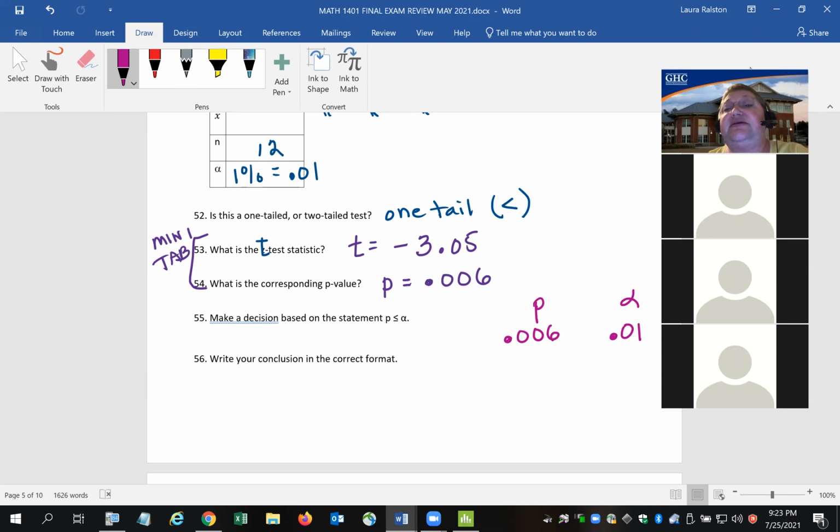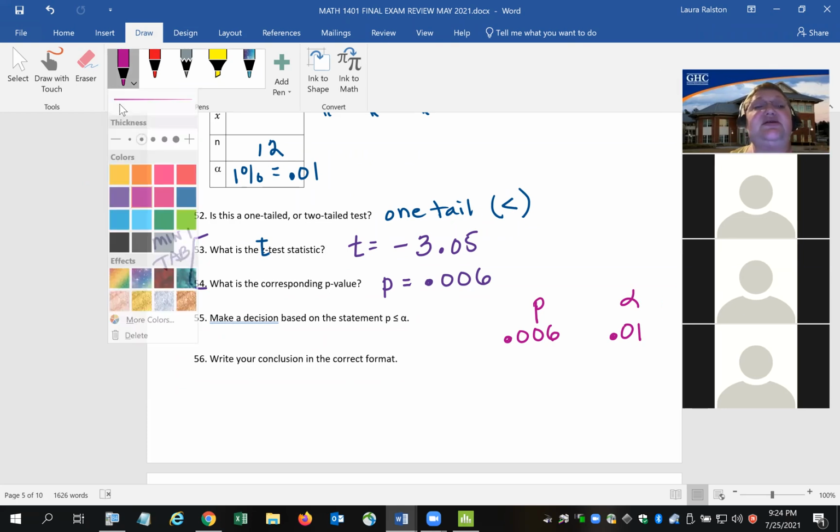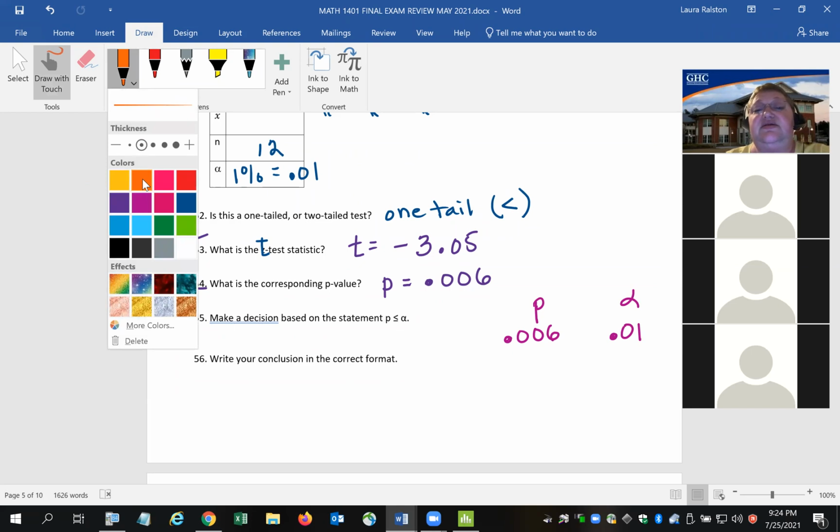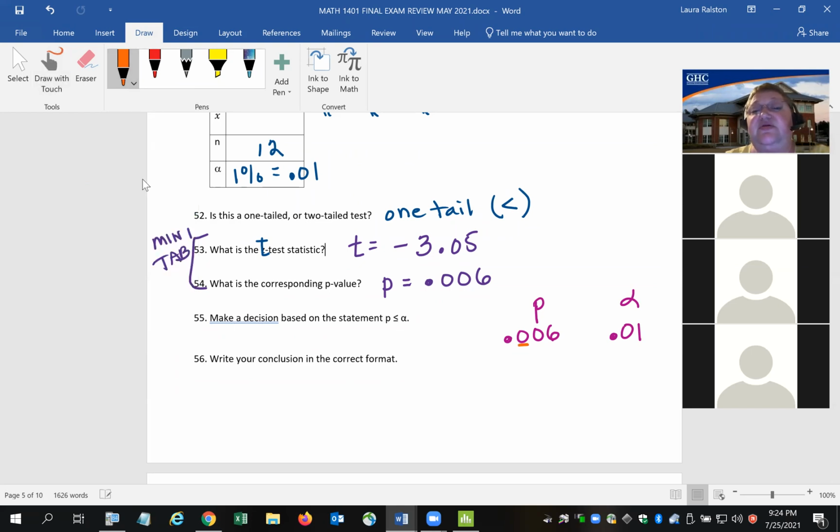Again, the easiest thing to do there, guys, is digit for digit. So first digit after the decimal, 0 to 0. Second digit, 0 to 1. 0 is less than 1. So P is less than or equal to alpha.